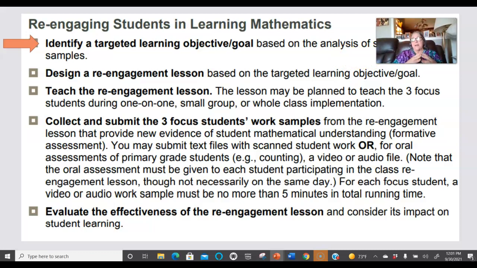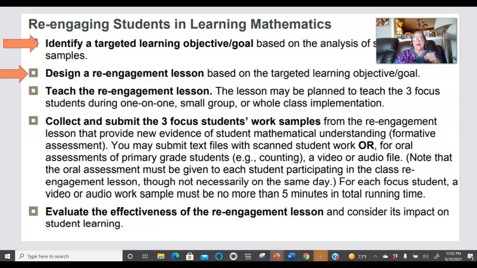So say, for example, you had been working on addition and you found that students struggled with a specific thing. Maybe there was a common error or a common misconception. Then that would now become a targeted goal. So instead of a very broad goal or objective, we're now very targeted.